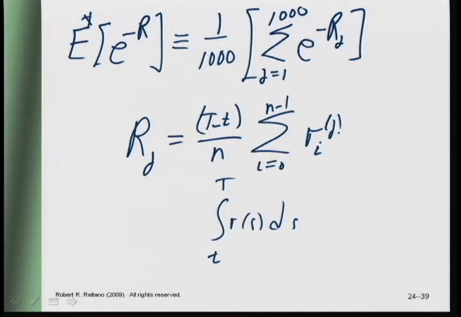So if I have 100 steps in my time interval, I have to generate 100 normal variables. That gives me one path of interest rates, and then I repeat that process 1,000 times, get 1,000 values of capital R, and then I average those zero coupon prices. And that's what the Cox-Ingersoll-Ross result is. It's that the price of that zero coupon bond is the average of prices you get by generating interest rates using the risk-neutral process.